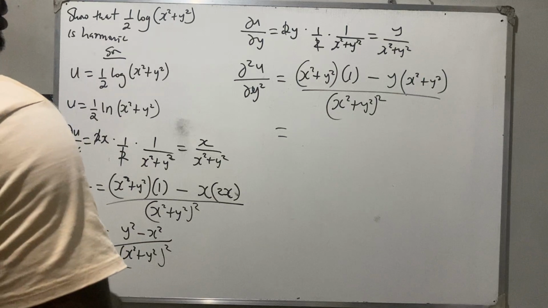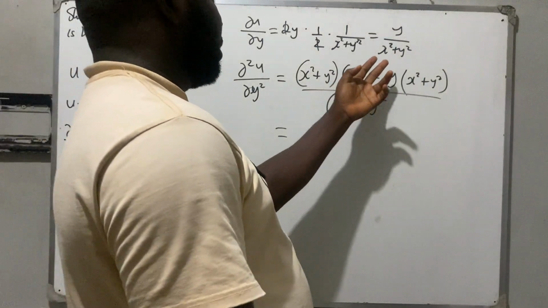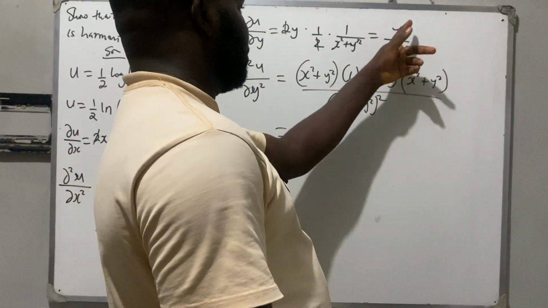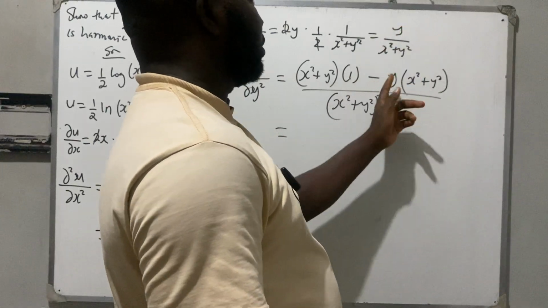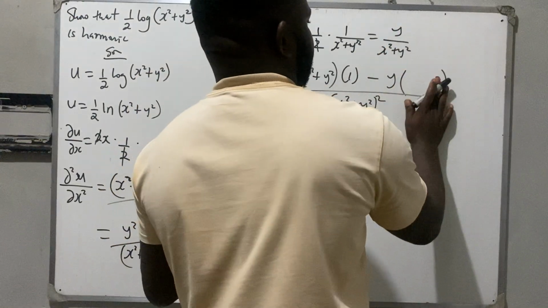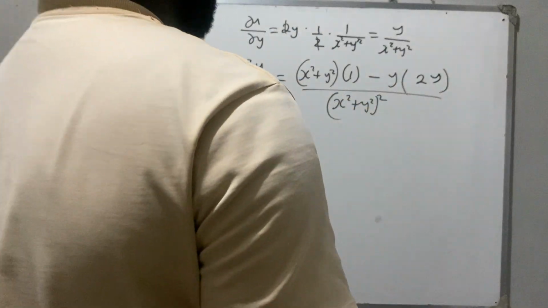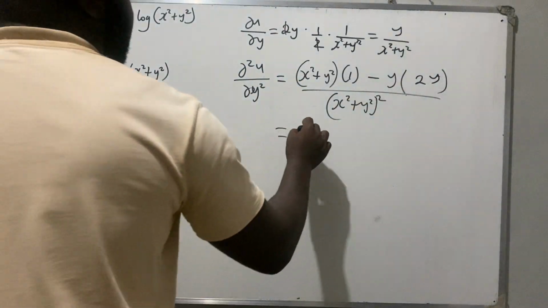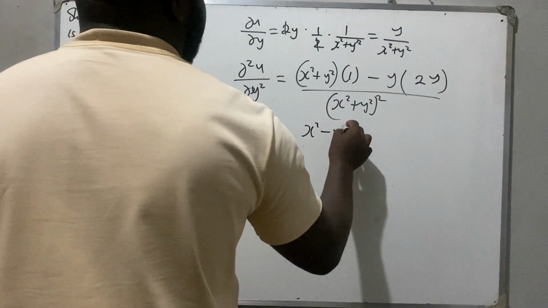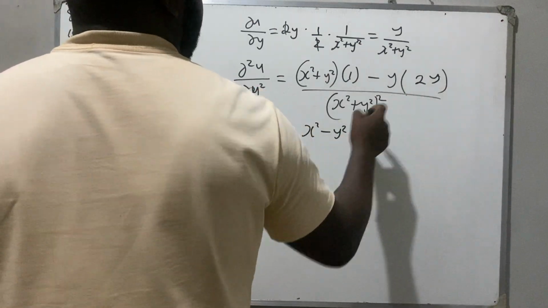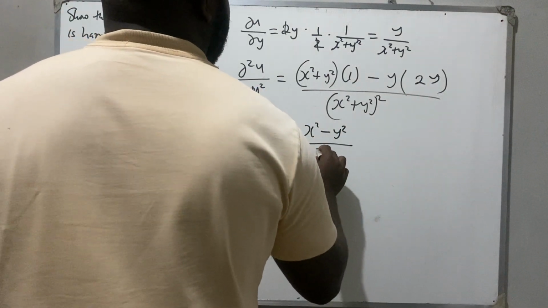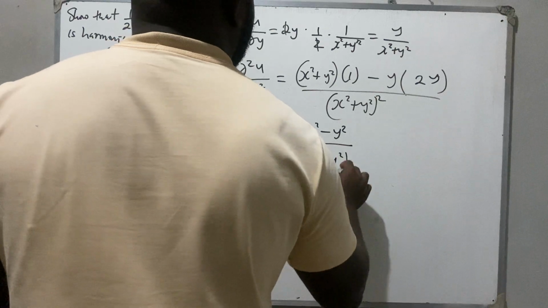So if I open this bracket, I'm going to have x squared minus y squared, because this and this will give you minus y squared, all over x squared plus y squared all squared.